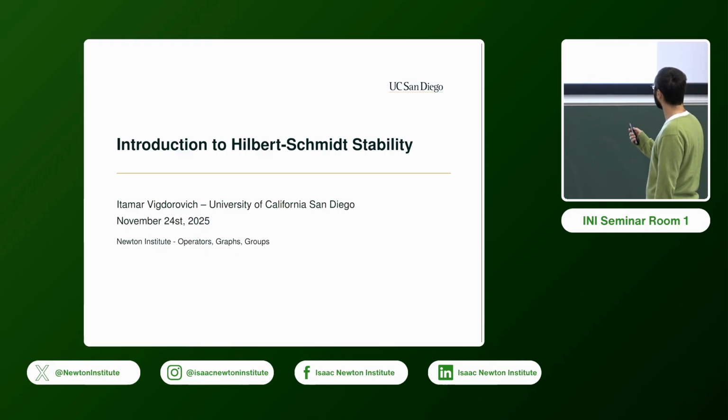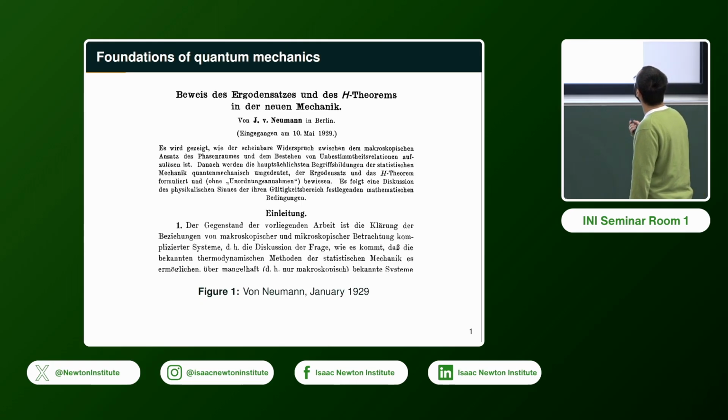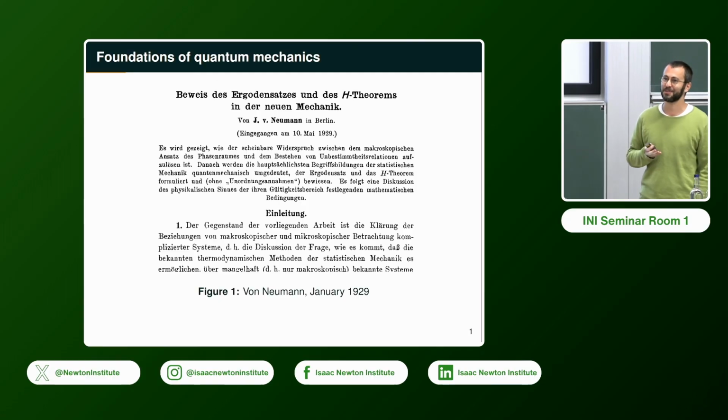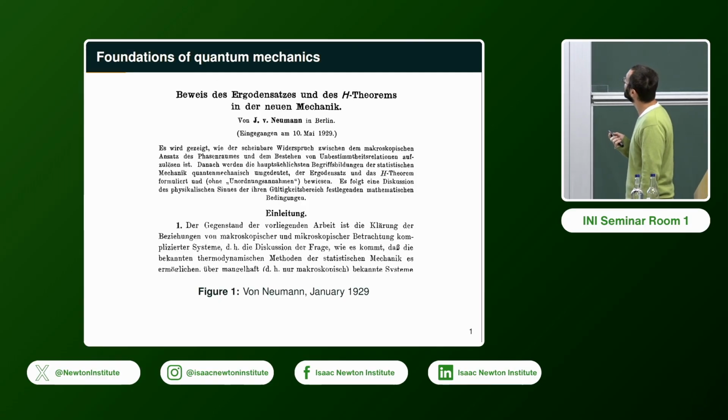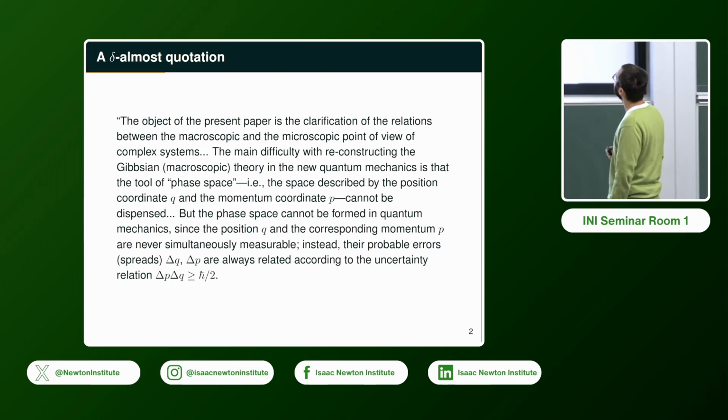So let's start here, and probably a good place to start is with this work of von Neumann from 1929. This is very old, when quantum mechanics was still kind of new. I took some quote, or at least I perturbed the quote a bit.